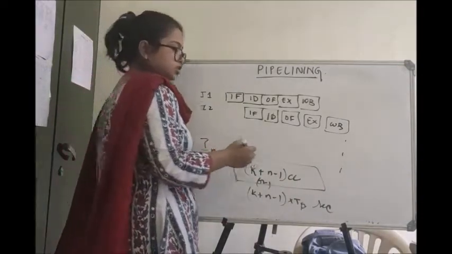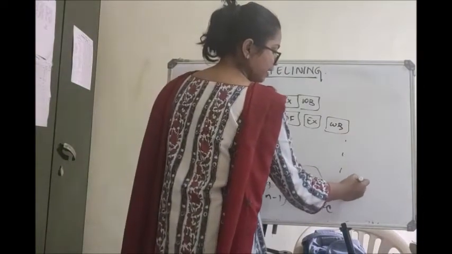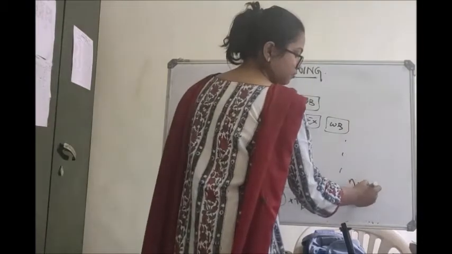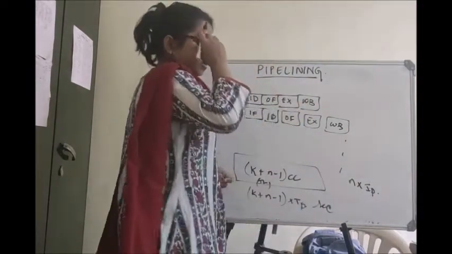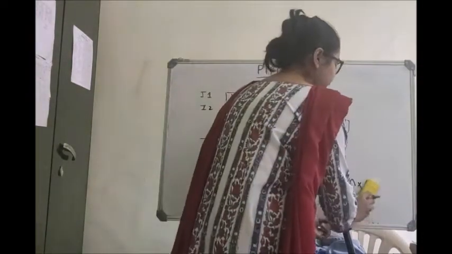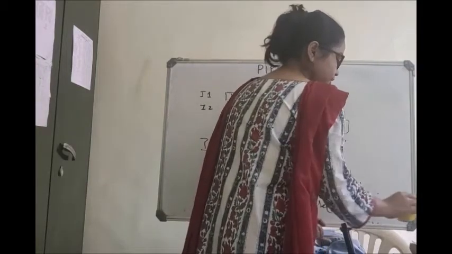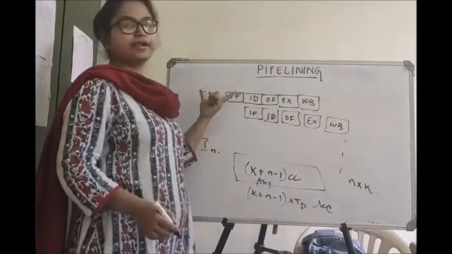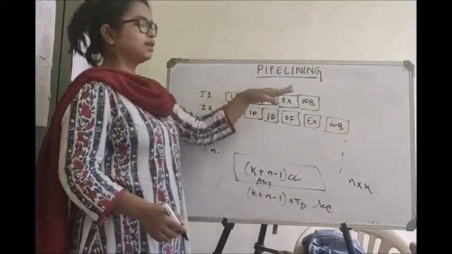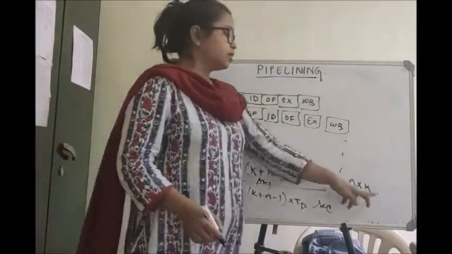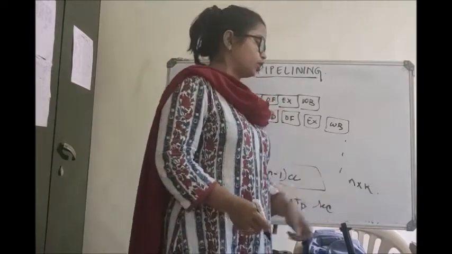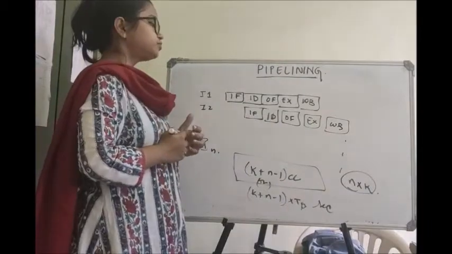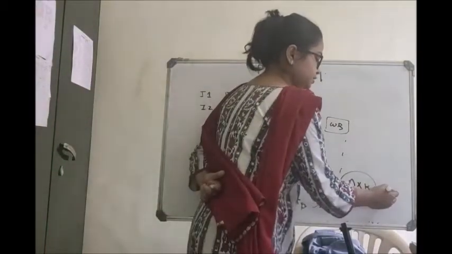In case of a serial structure, it takes n into k, where n is the number of instructions and k is the time to execute one entire operation, because there are k stages in it. So it is n into k seconds.